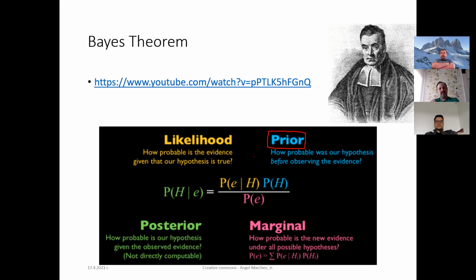Then in the denominator we put part of the world: we estimate for which part of the distribution this new likelihood and this prior are valid.